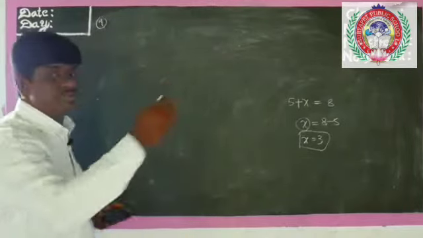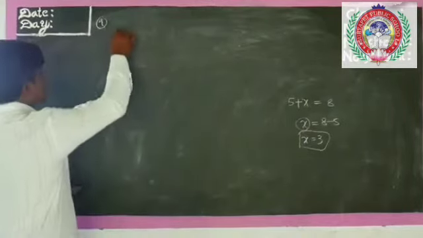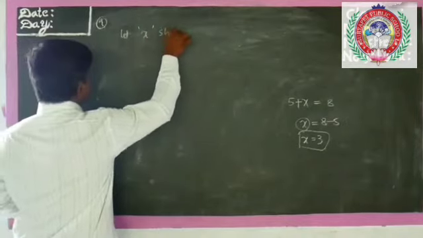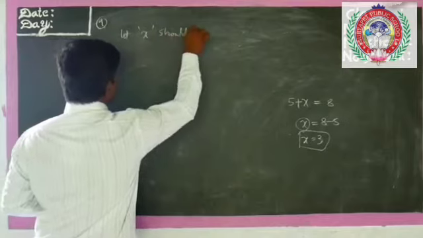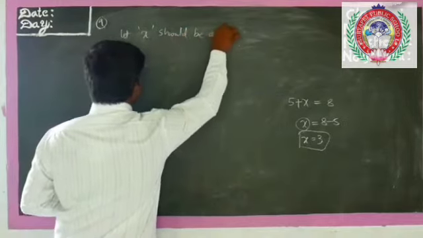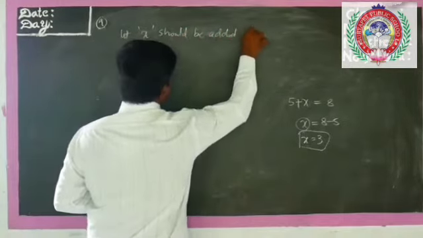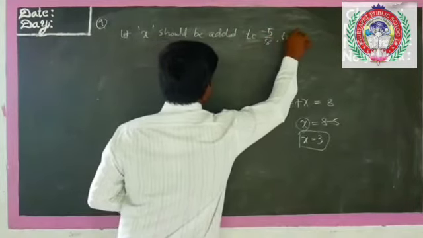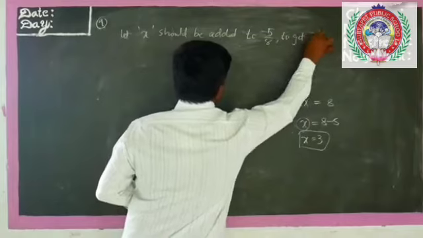So let us assume that number as x. Let x should be added to minus 5 by 8 to get minus 3 by 2.